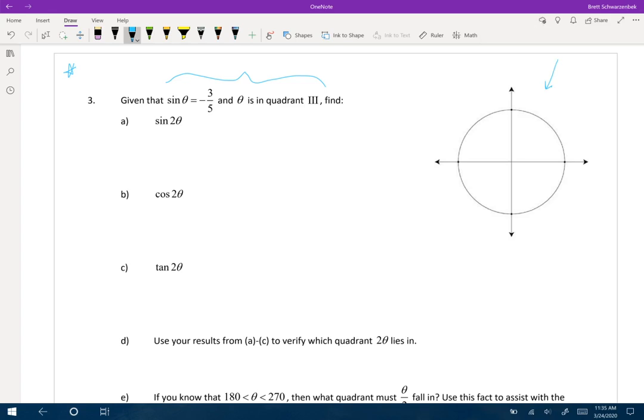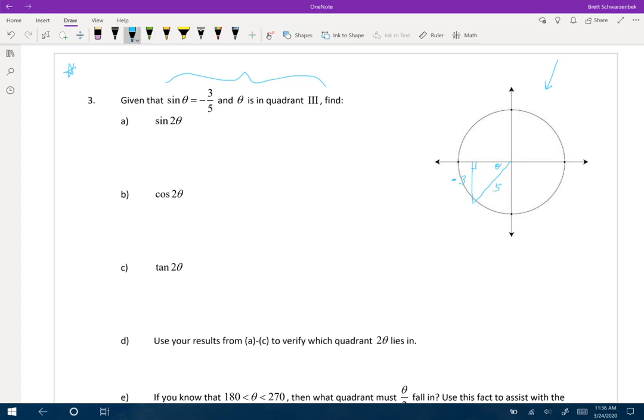So it tells you that we have a rotation in quadrant 3, and we want to make a right triangle out of it. We know that opposite over hypotenuse is 3 over 5, so sine is opposite over hypotenuse. If we're using this as our theta, then opposite is 3. We know it's got to be negative because it's going down, and the hypotenuse is 5. The radius is always 5.